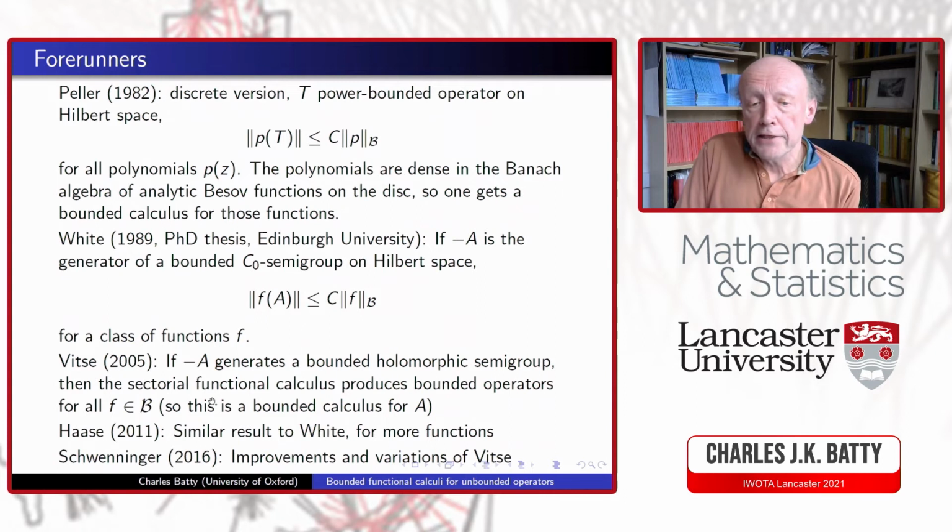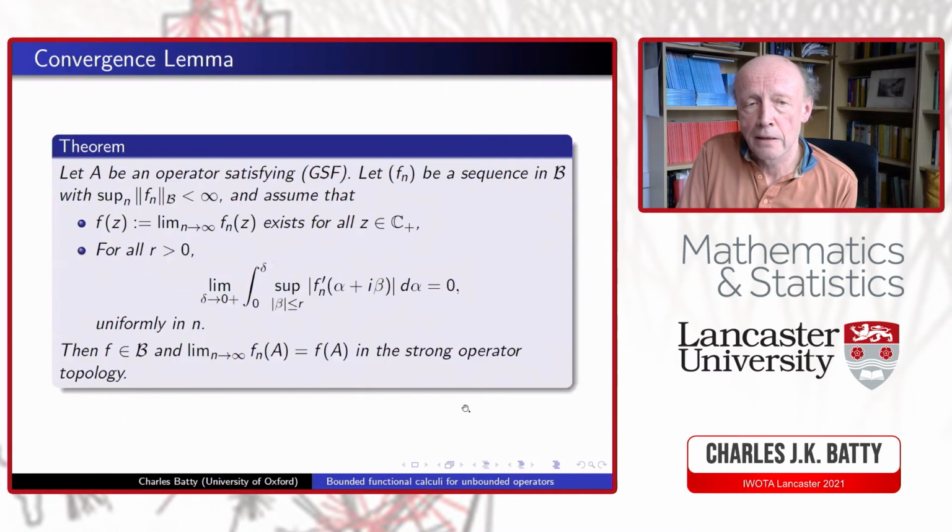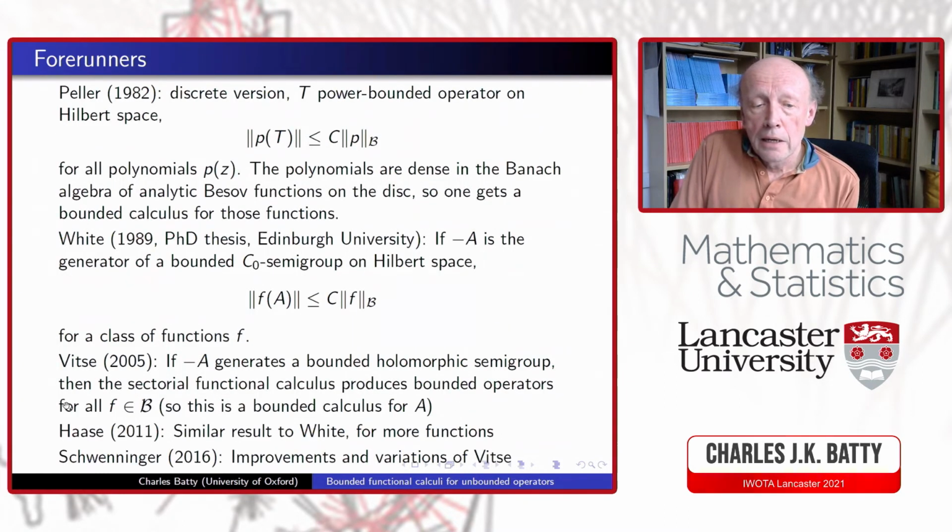And she showed that the sectorial functional calculus then produces bounded operators for all f in B. In 2011, Haase produced something similar to what White did, but with rather more functions appearing. And in 2016, Schwenninger did something which improved on Vitse's result. And curiously enough, none of Vitse, Haase, Schwenninger cited White.